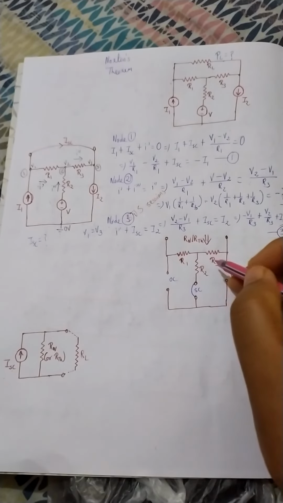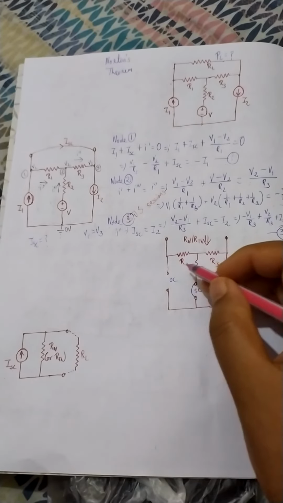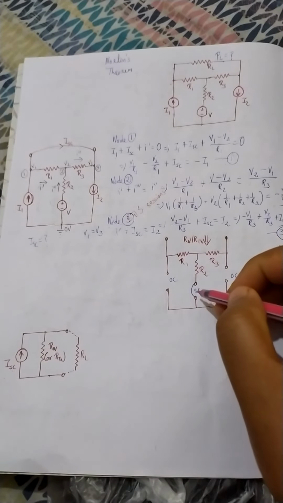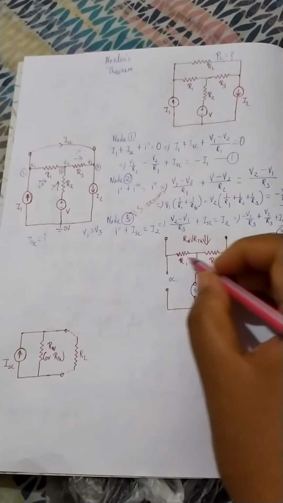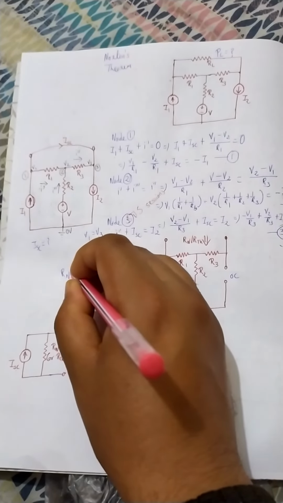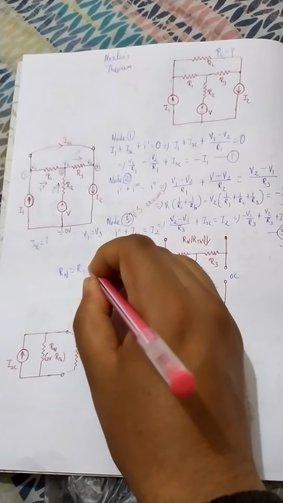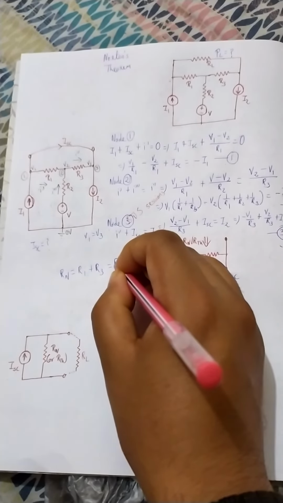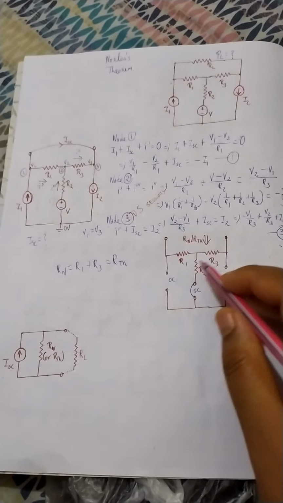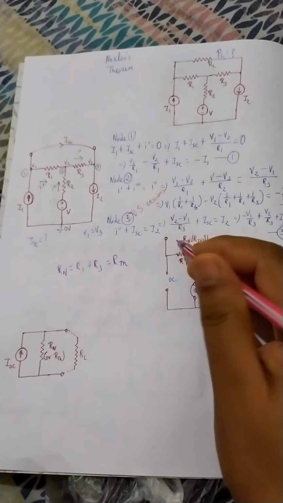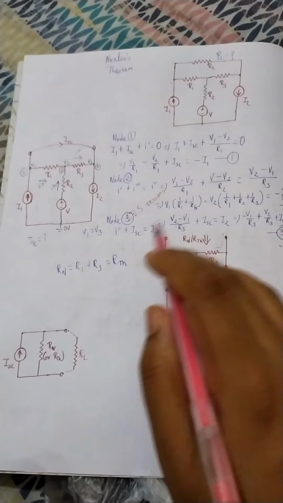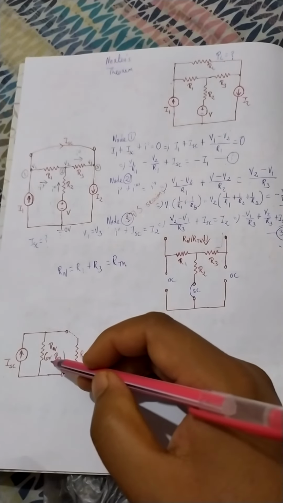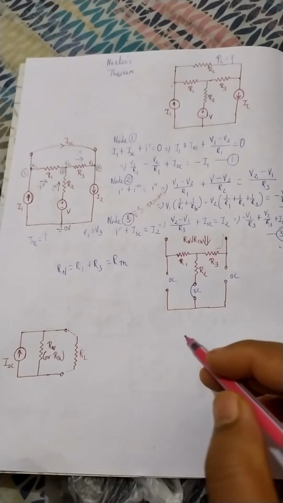If you think carefully, practically no current would pass in this loop or in this loop. So Rn is basically equal to R1 plus R3, that is equal to RTH. The current flows in this direction only, and therefore this should be the equivalent resistance.